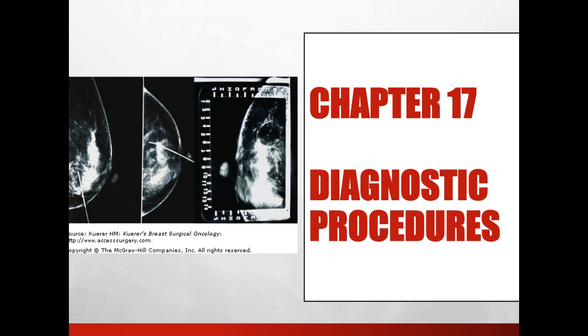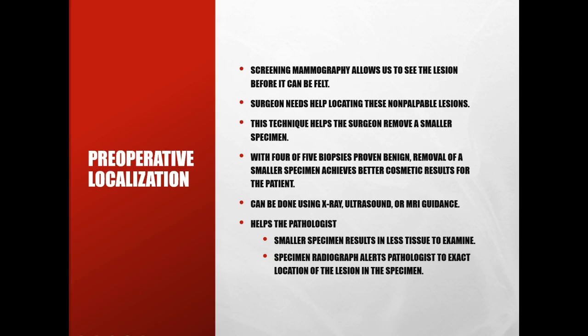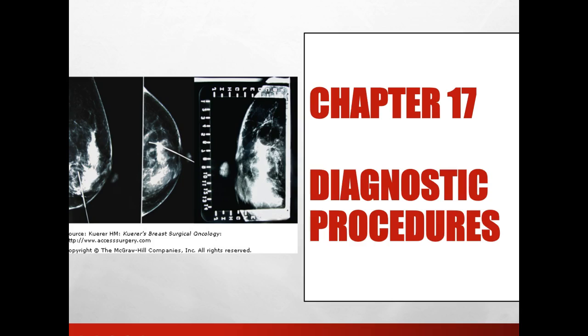The primary purpose of this particular chapter is to look at fine needle cyst aspiration, ductography, and pre-surgical wire localization. So let's get started. We'll save the biopsies for another chapter.